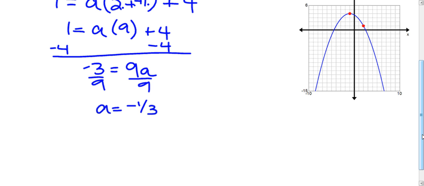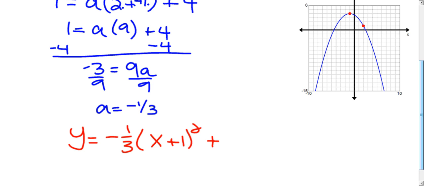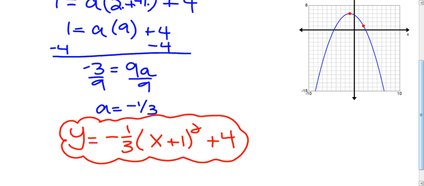So now, if we rewrite our equation with our vertex in there, what I know is that a is -1/3, and I know that my vertex was -1, so I'll do +1, and my y-coordinate on my vertex is 4. So this is what my equation should look like.